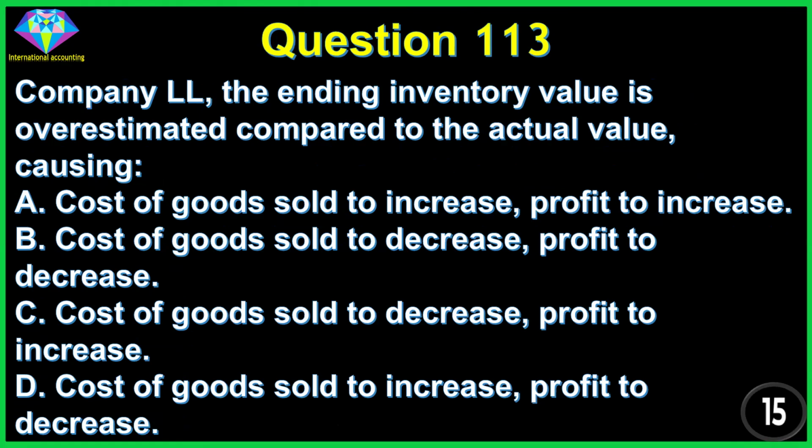Company LL, the ending inventory value is overestimated compared to the actual value, causing A. Cost of goods sold to increase, profit to increase. B. Cost of goods sold to decrease, profit to decrease. C. Cost of goods sold to decrease, profit to increase.